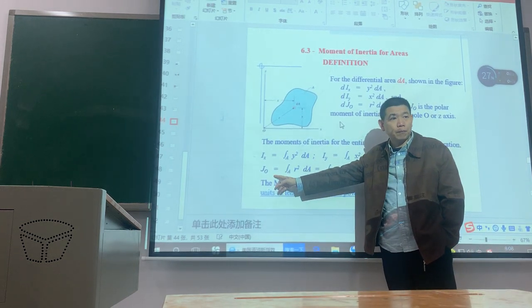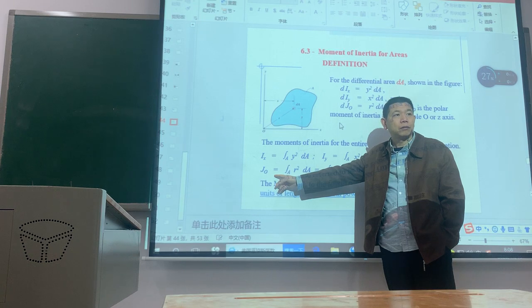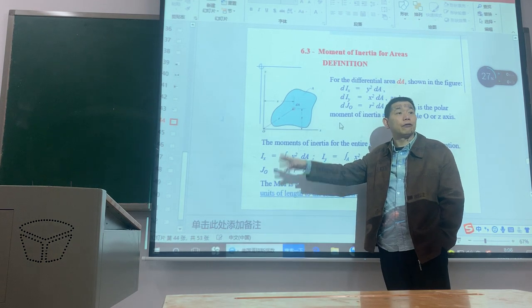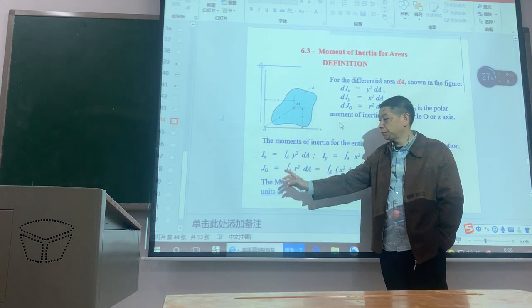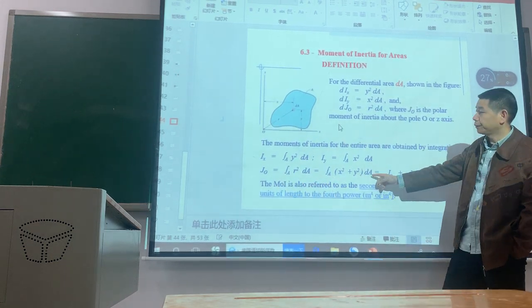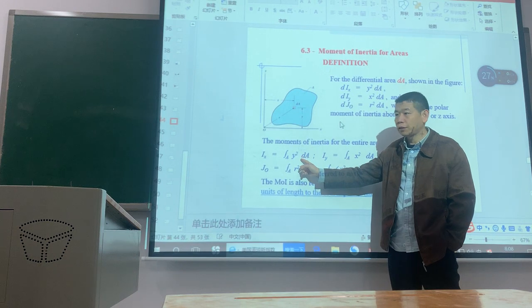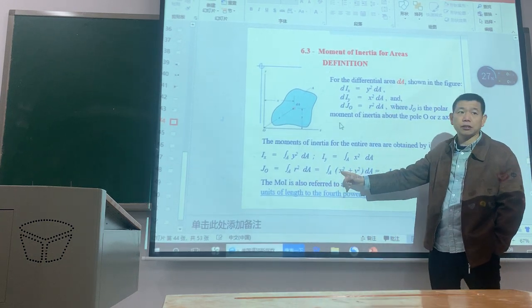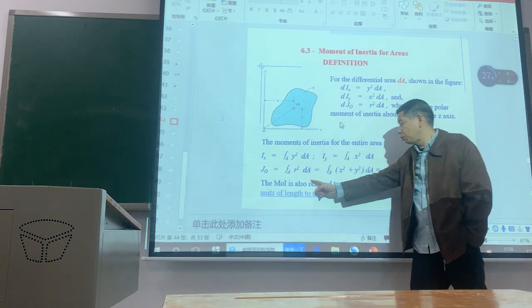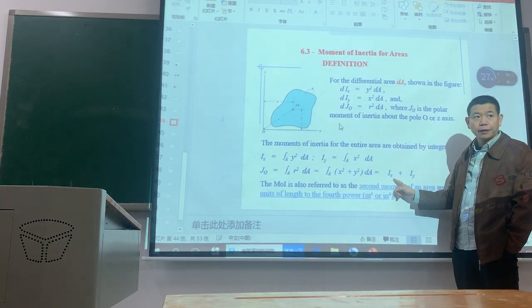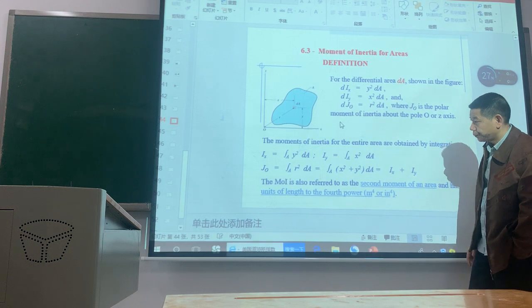J0 is the polar moment of inertia of the whole area. By definition, r squared is x squared plus y squared. So we can get J0 is Ix plus Iy.